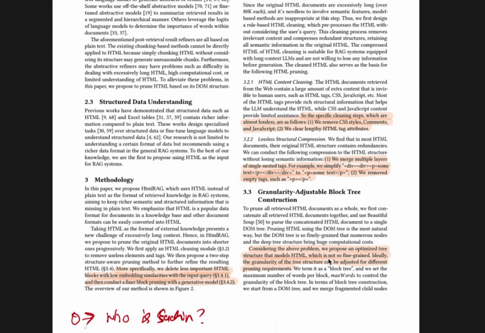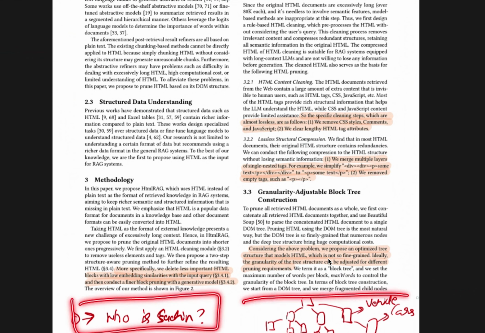Now suppose our tree was something like this, and we have multiple leaf nodes, right? Now if you see, this particular one is about, let's say, cars, and let's say this is about vehicles, something like that. Just imagine that this is the query and this is the whole tree.